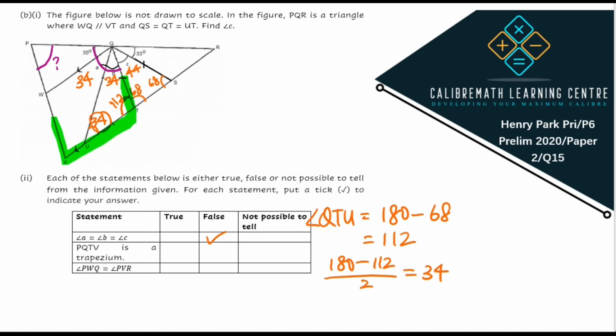And same thing for the letter U, the angle inside will also add up to give us 180 degrees. So this angle and this 112 is supposed to add up to give us 180 degrees. But again, we are faced with the same problem. We do not have enough information to find out what this angle here is. So we can't use the letter U to prove that.